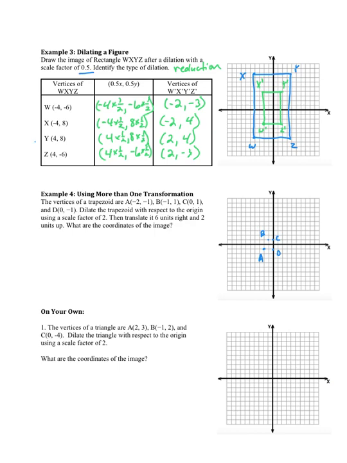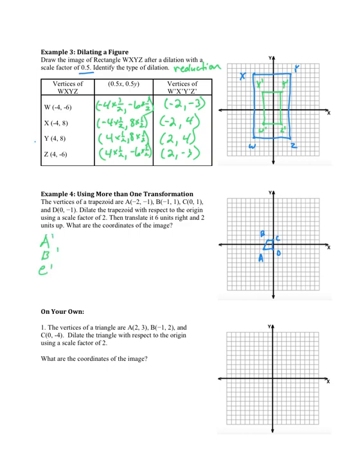Okay, that is a pretty tiny little rectangle here. But luckily, we are going to use a scale factor of 2, so we're going to make it a little bit bigger. So I'm going to use green for my first transformation. So I'm going to go ahead and write my coordinates here too.